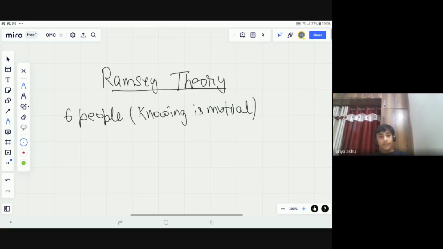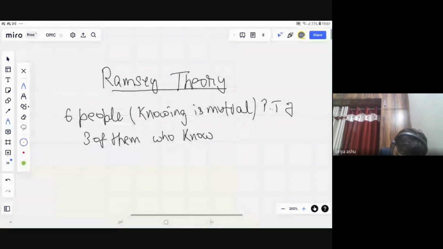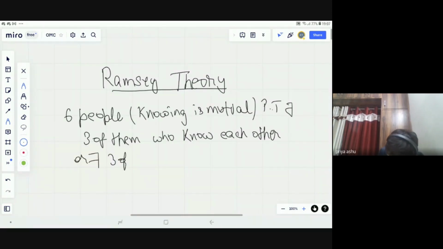It means that if A knows B, then B knows A. And if A does not know B, then B does not know A. So we need to prove that there exist three of them who know each other, or there exist three of them who don't know each other.